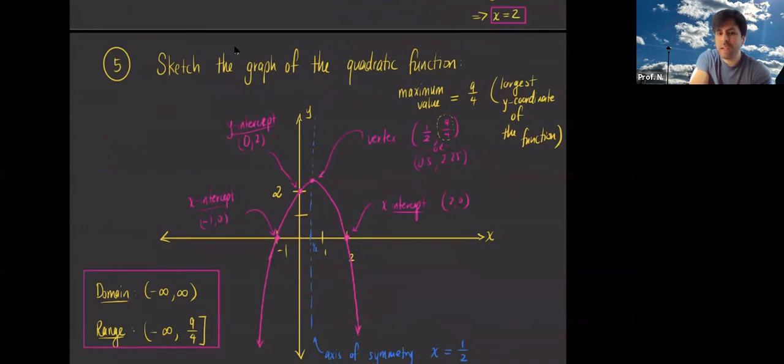I can't include union 9/4 to infinity because the graph doesn't continue on. It reaches the maximum, and it goes back down. So the range is only going to be up to the highest y value, which happens to be 9/4, or 2.25. Does that make sense? We're not including that other half.